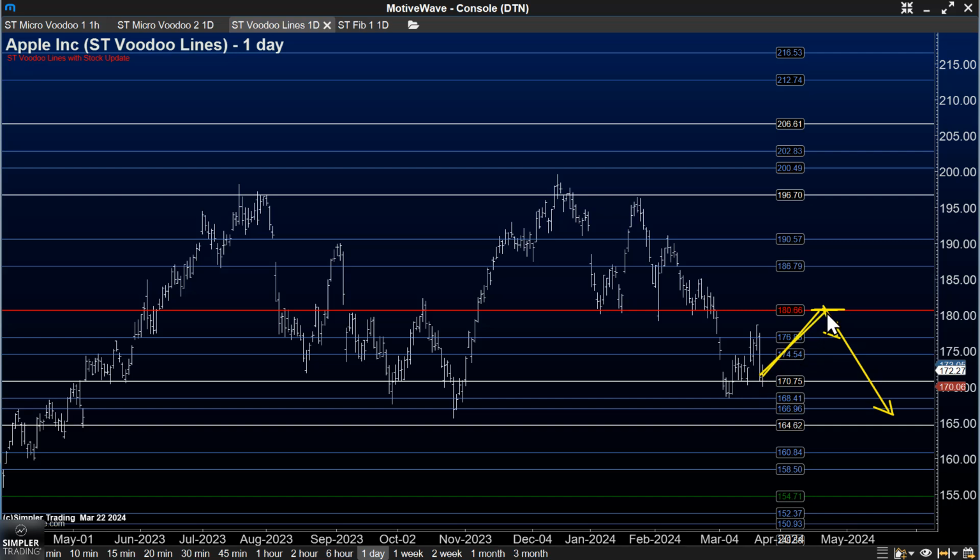In any case, bounces into that level which continue to get rejected would also increase our focus on the potential that we then eventually break these snow lines and continue down.